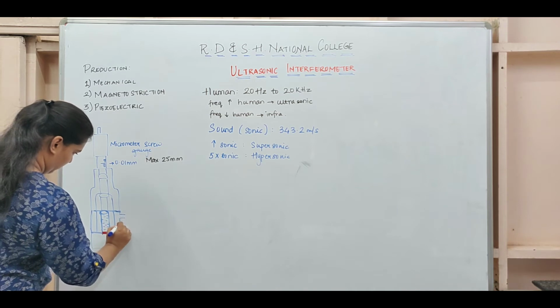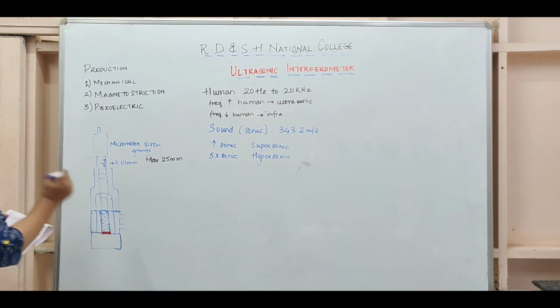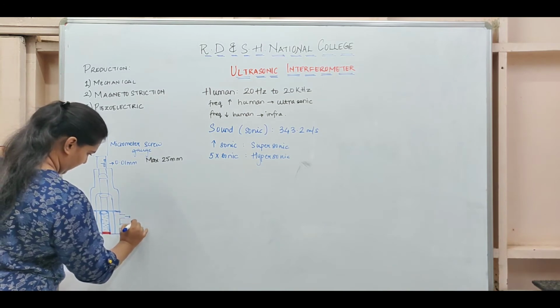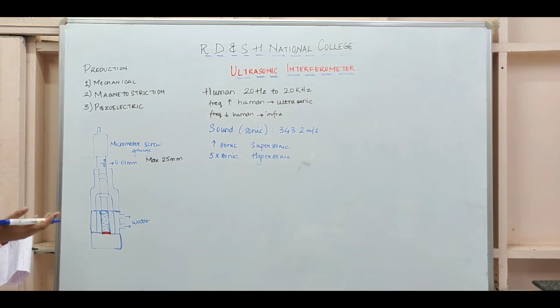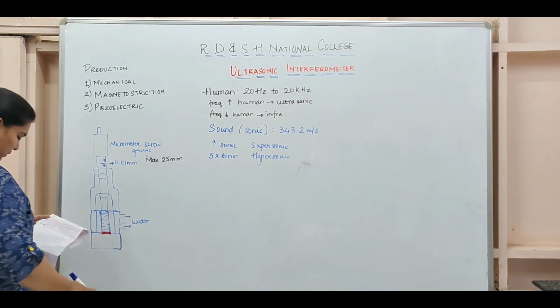Why a water bath? To maintain constant temperature, because obviously temperature also affects velocity. And obviously with the water, there will be release of steam under pressure, so there is an inlet and outlet for steam to maintain the temperature.